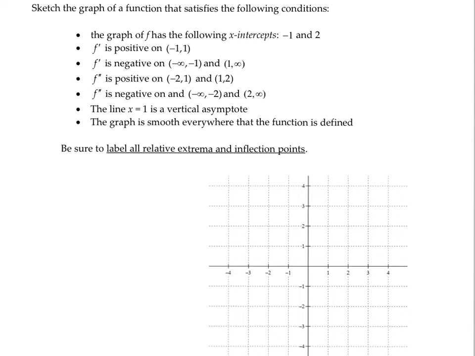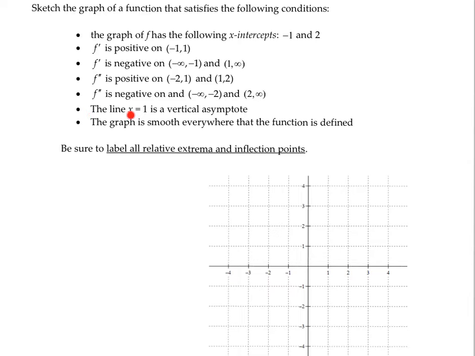All right, here's another example. There are some slightly different things going on here between this example and the last one. So let's go ahead and look at all of the characteristics. We have some x-intercepts. We have some first derivative stuff, positive and negative, going on. We have some second derivative stuff, positive and negative, going on.